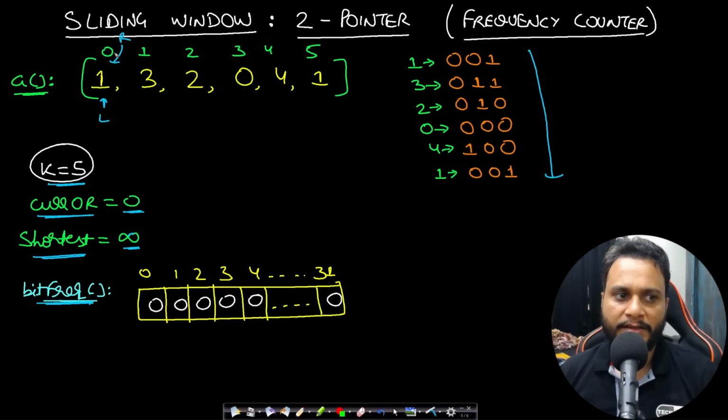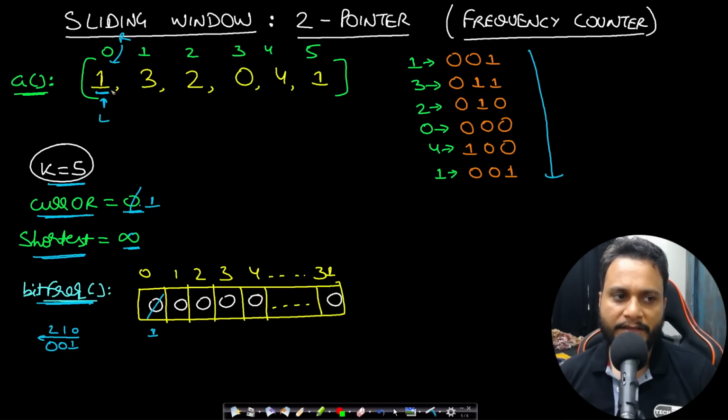So when I see the right element, then I will be doing current OR with the array at right. So I will take OR between 0 and 1 and this will become 1. Now I need to do the adjustment in the bit frequency counter. So I will find the binary representation of 1 and that will be equal to, let's say, 001. So at bit position number 0 there is a set bit, so I will increment the counter at position number 0.